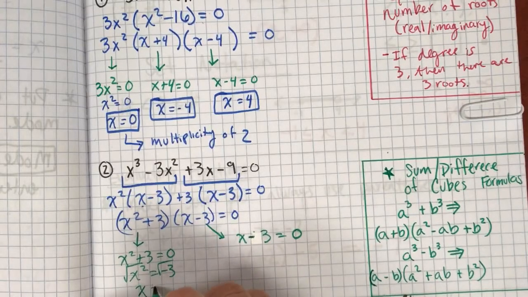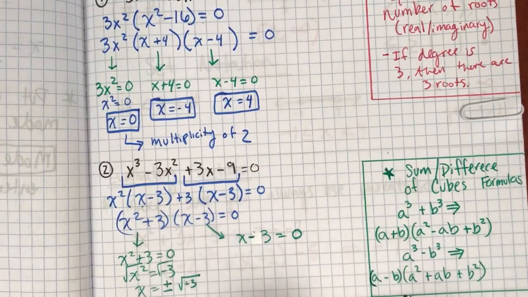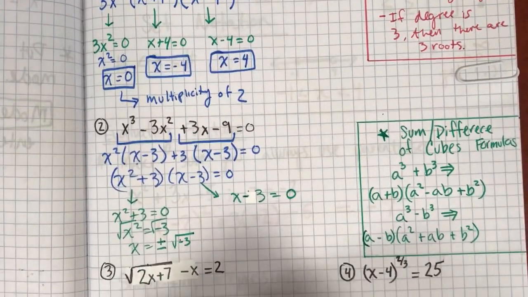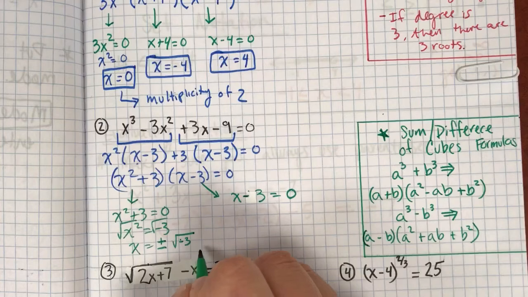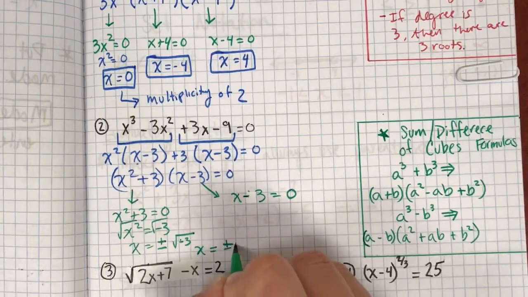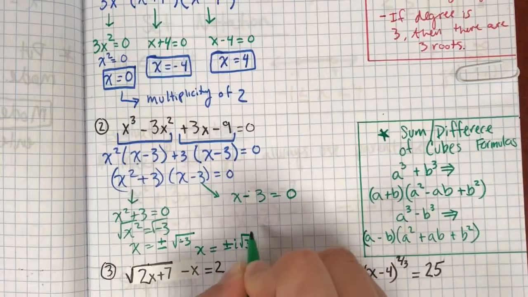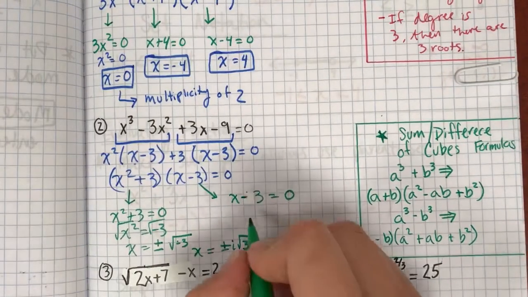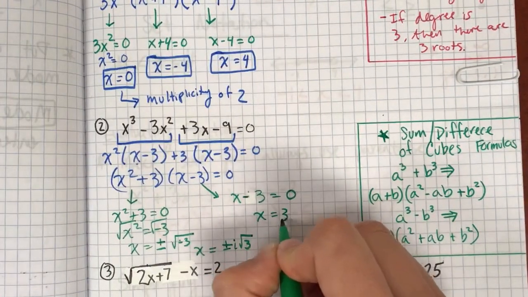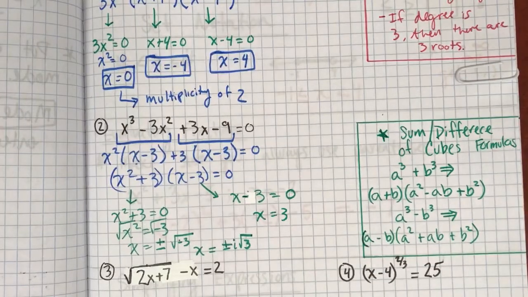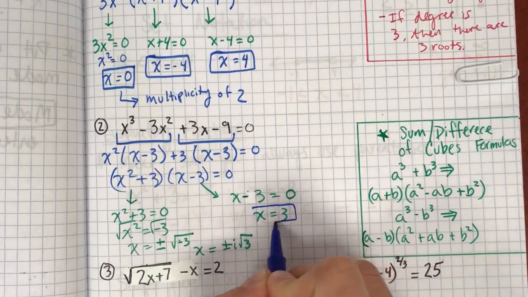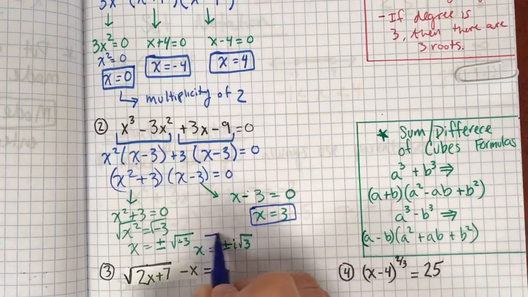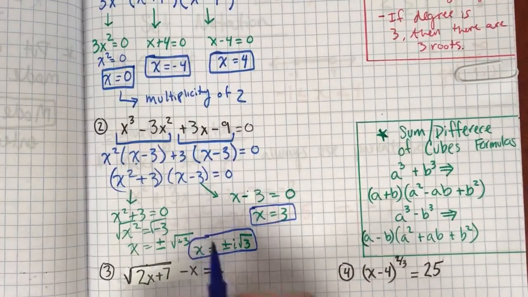We should just get x equals plus and minus square root of negative 3, but we just learned that a square root of a negative number is going to be i, so we actually have our answer as x equals plus or minus i square root of 3. And over here we just have x equals 3. So here we've got 1 answer, 2, and 3.